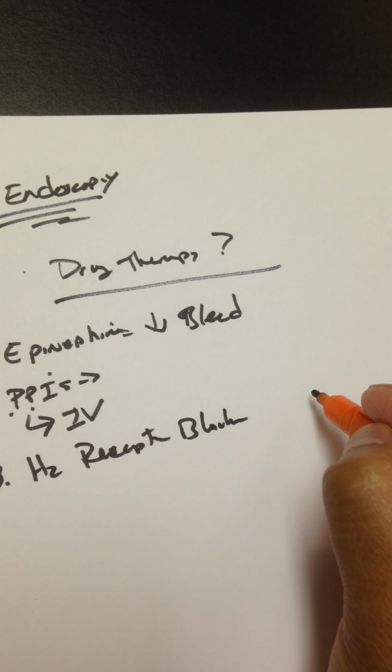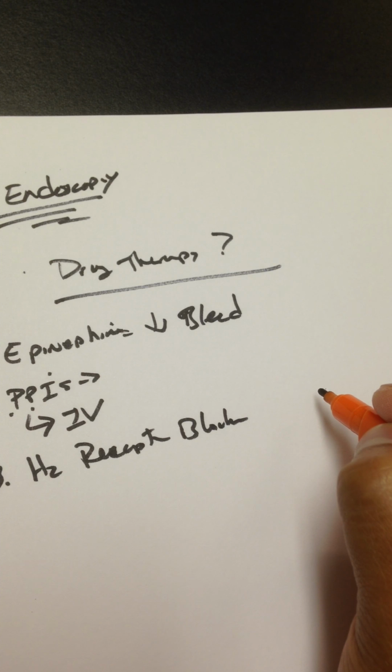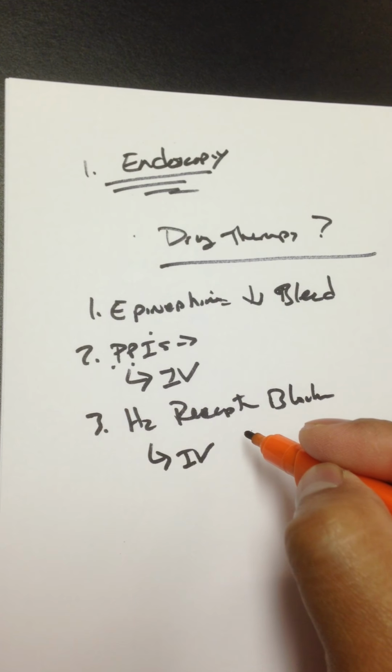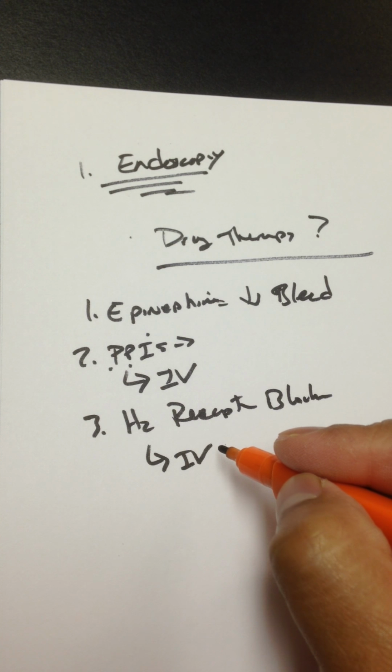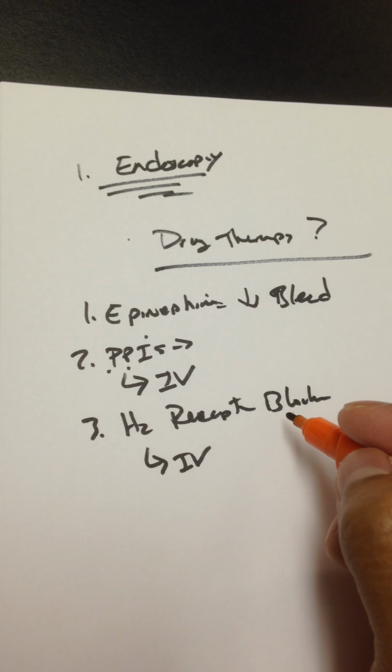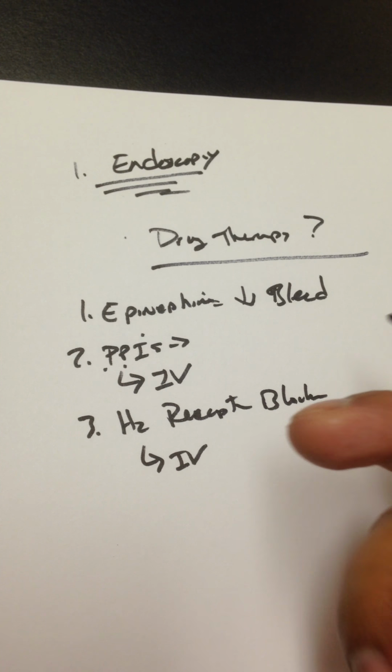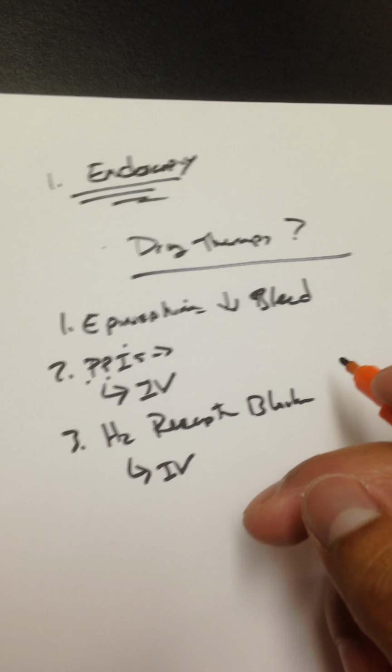Examples of this include Tagamet, Pepcid, Axid, and Zantac. Again, you can give these IV, especially if they are NPO status. A reason for them being NPO is you want that esophagus, stomach, and duodenum to get a little bit of rest.